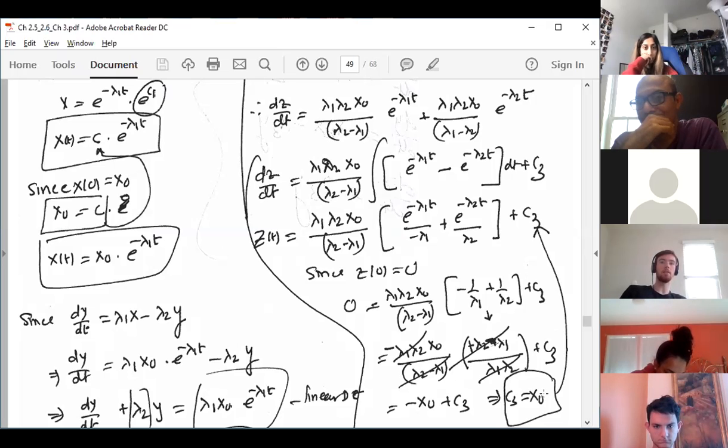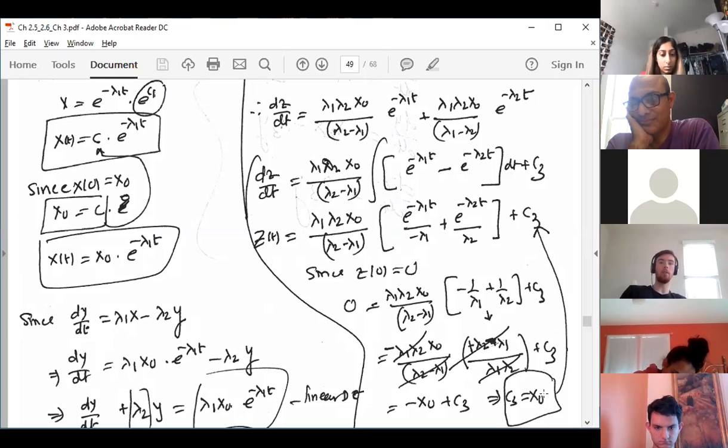Thus, dx by dt equals negative lambda 1x, dy by dt equals lambda 1x minus lambda 2y, and dz by dt equals lambda 2y. Find a solution of the above system of equations subject to the initial conditions x of 0 equals x naught, y of 0 equals 0, and z of 0 equals 0.